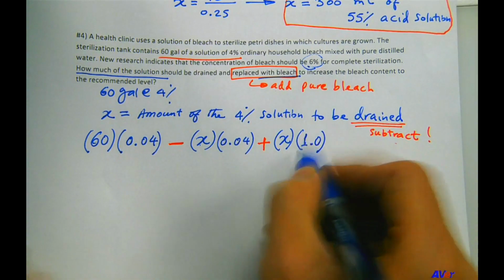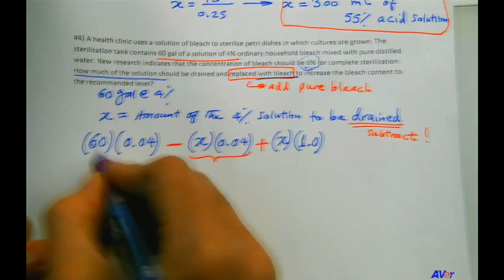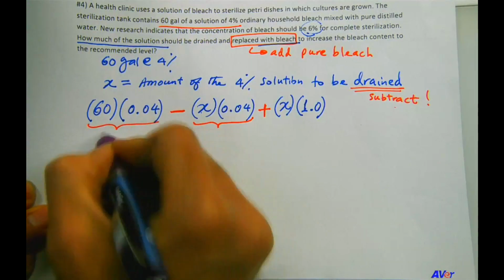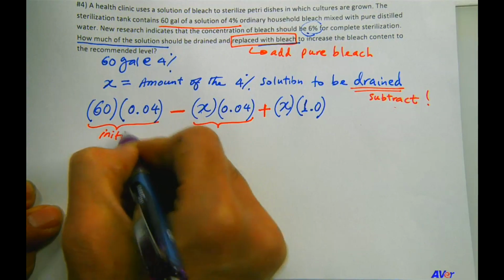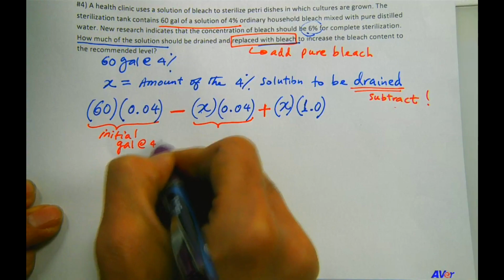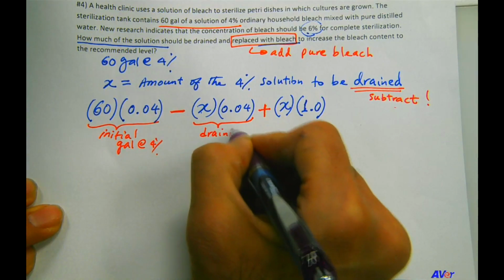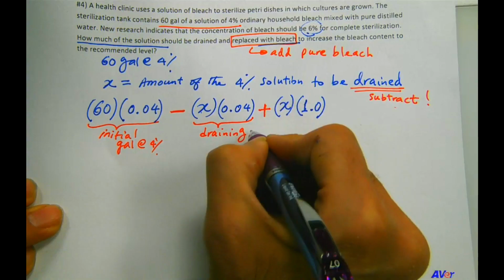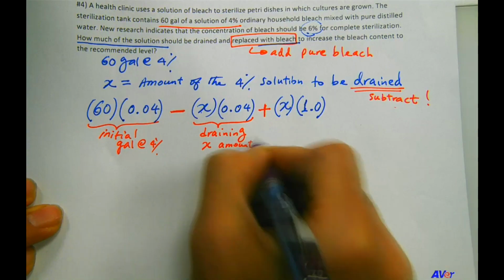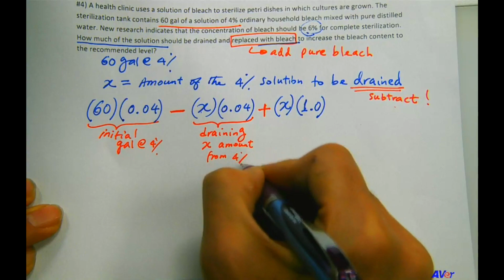So let me make this clear. This piece is the total initial gallon at 4%. This is draining X amount from the 4% solution.